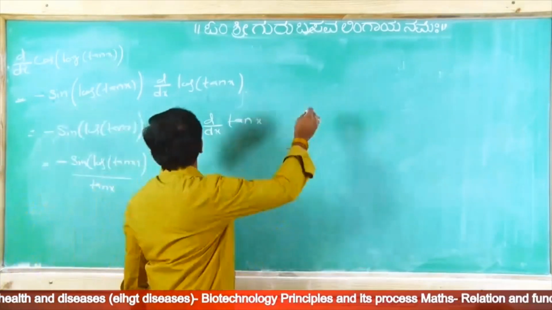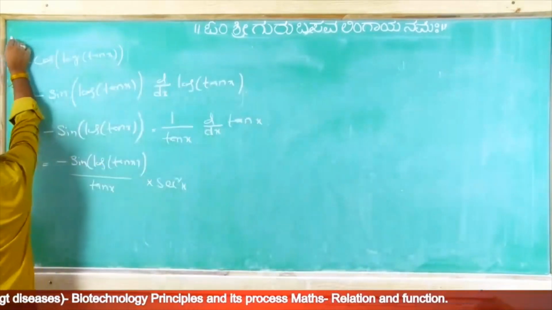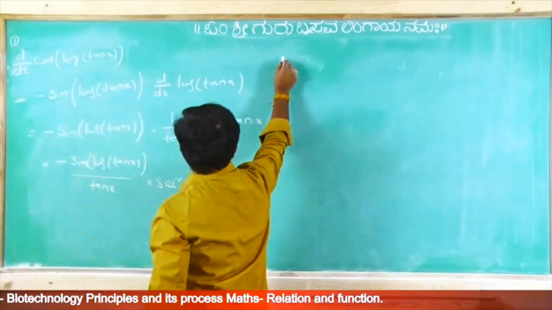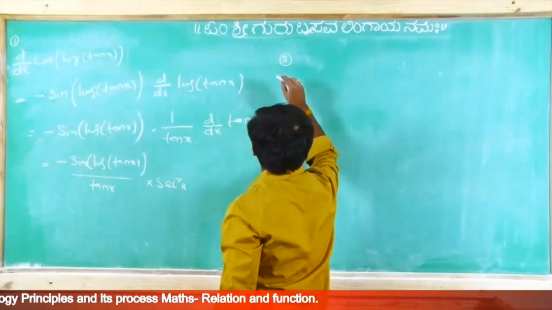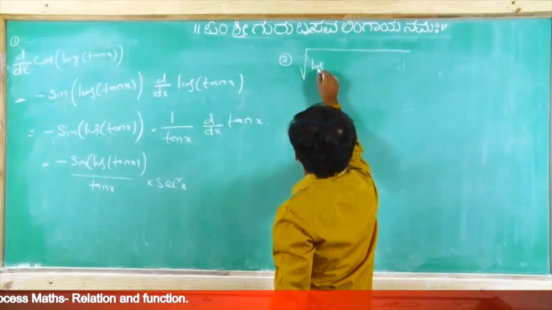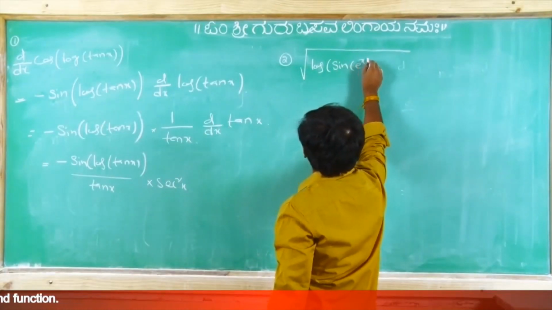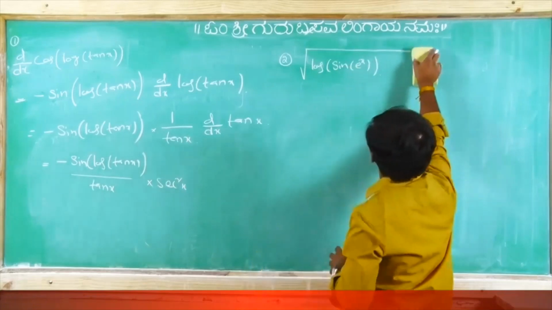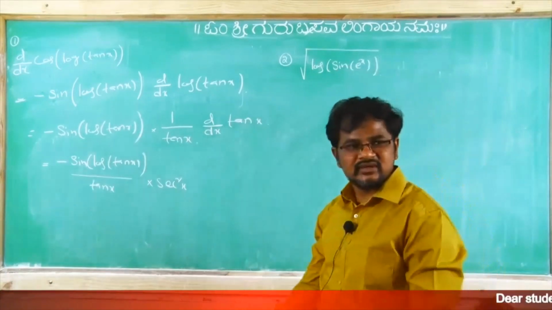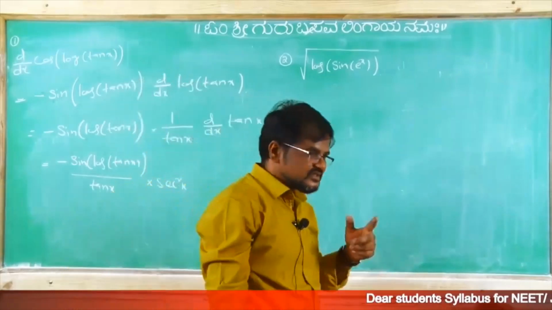Next one. If you take this as 1, I will take this as 2. Root of log of sine of e power x. In this one, how many functions are involved?